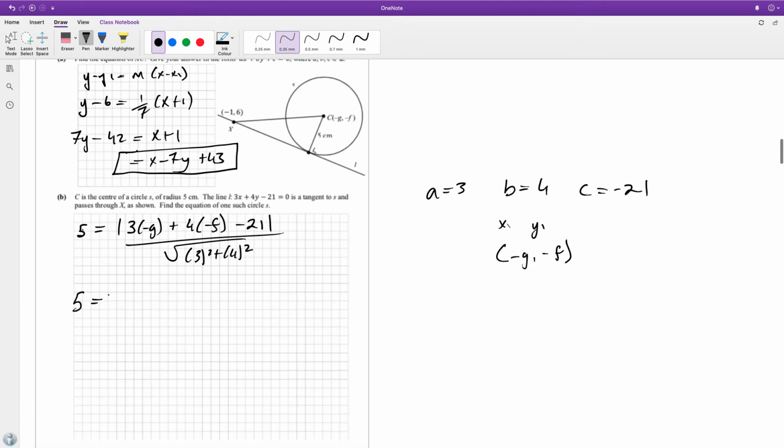That is 5 is equal to the absolute value of minus 3g plus minus 4f minus 21 all over the square root of 3 squared and 4 squared, which is 5. So 25 is equal to the absolute value of minus 3g minus 4f and minus 21.